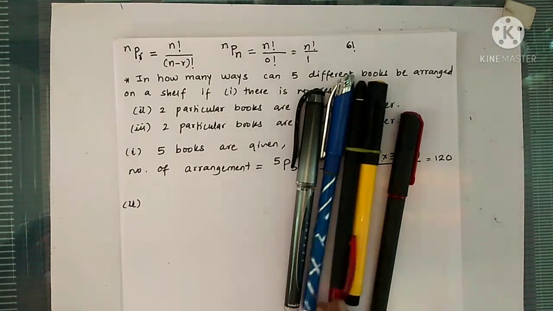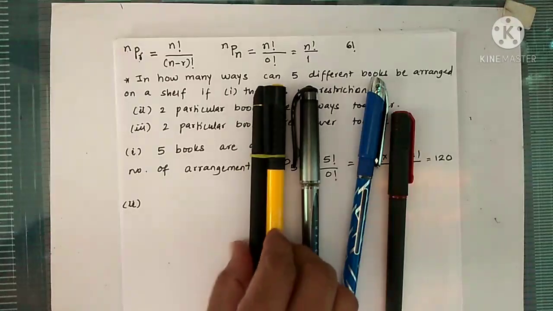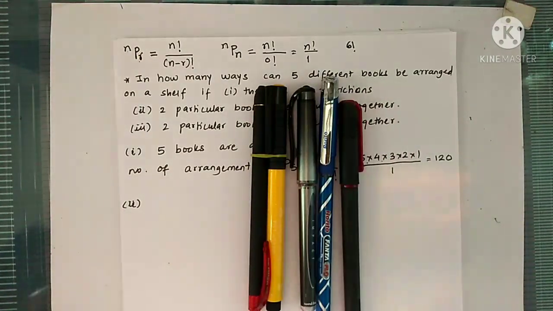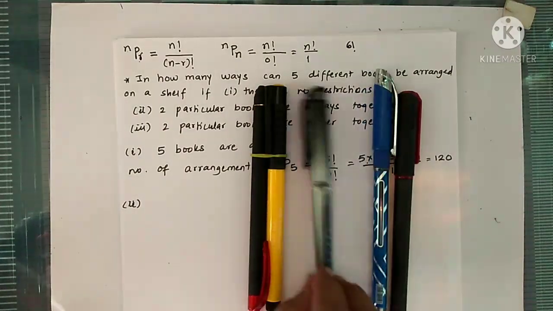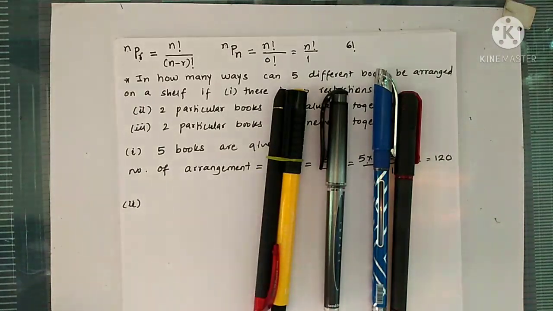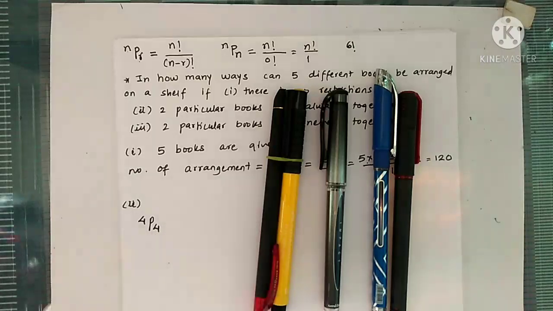Anyway, if you want to pick this, you have to pick this as one object, one pen. So now in all we have 4 objects, 1, 2, 3, and considering this as one object, we have 4 objects. So these 4 objects can be arranged in 4P4 ways.